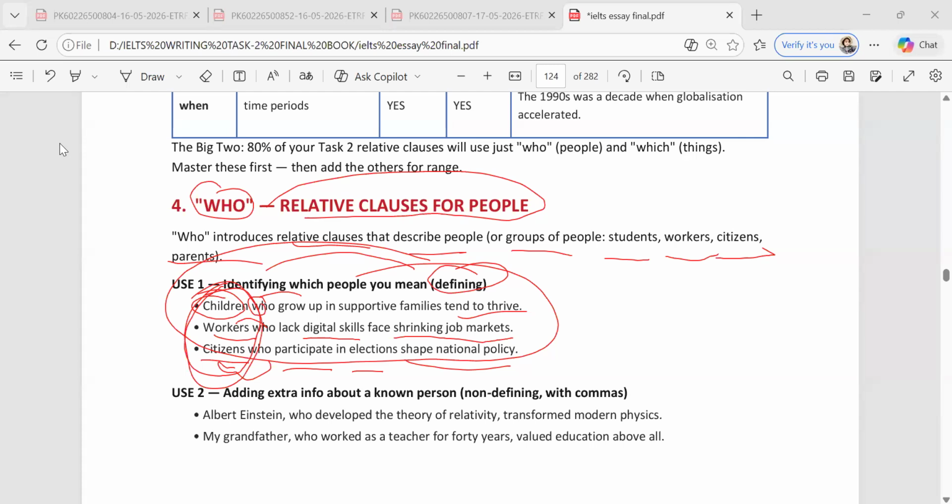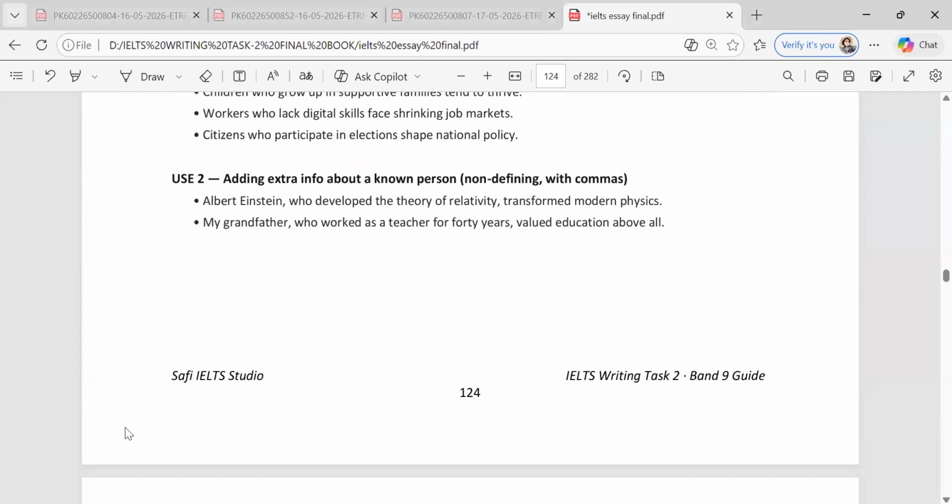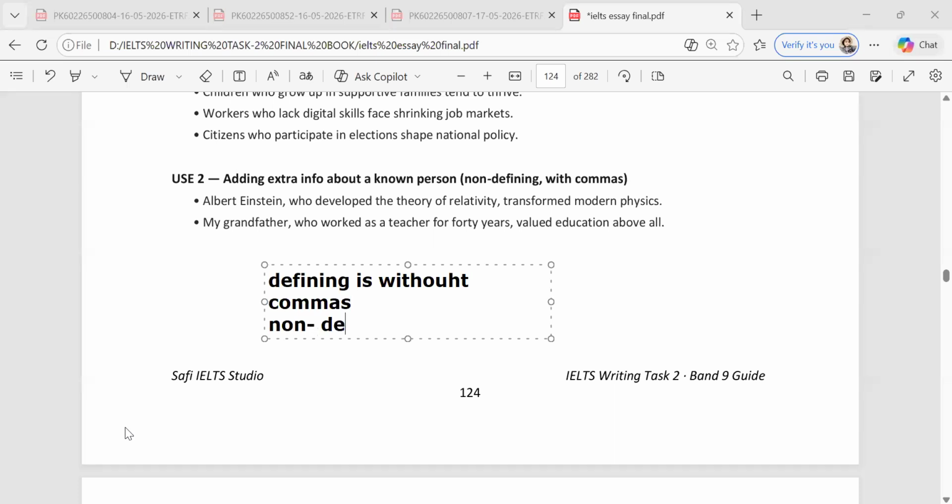And the second one, as I mentioned earlier, usage number 2: add extra info about a known person, non-defining, with commas. Defining is without commas, but non-defining is with commas.